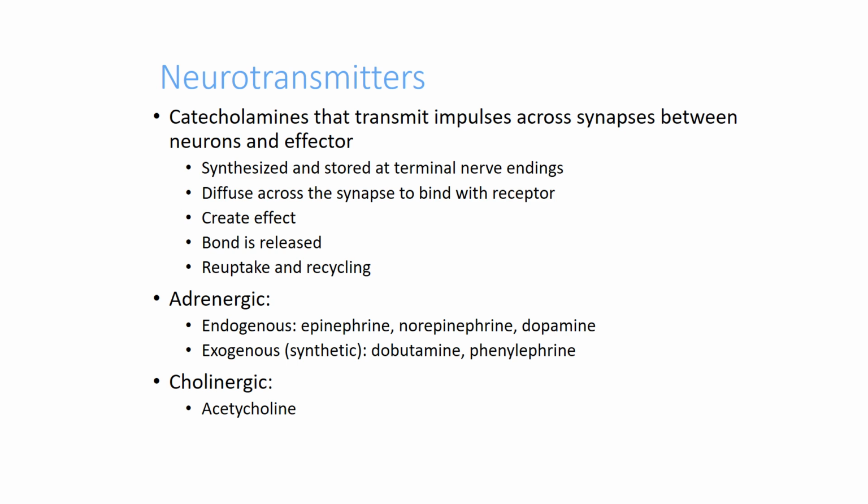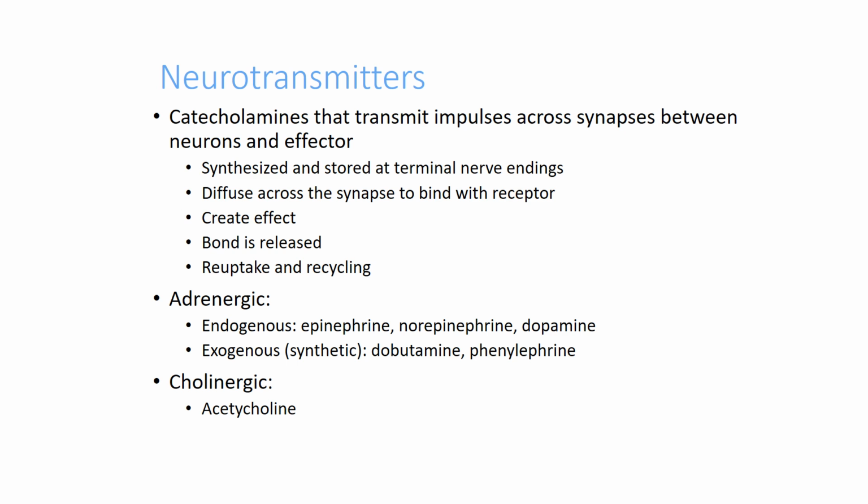In the body, neurotransmitters are synthesized and stored at the terminal nerve endings. They're released and diffuse across the synapse and bind with the receptor to create a physiologic effect. Over time, that bond is released and the neurotransmitter returns to the terminal nerve ending, where it undergoes reuptake and recycling to be used again.